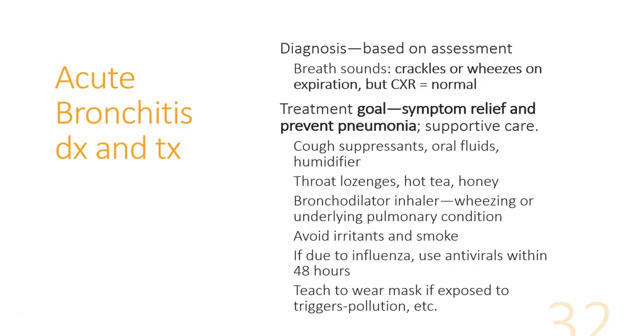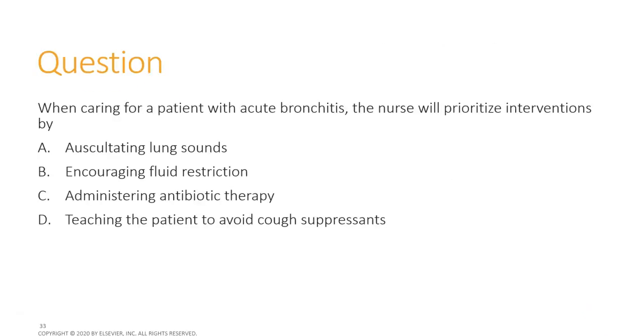That kind of lessens the symptoms. And then preventative measures. So patients should be wearing masks if they're going out in public. One, to protect the public, but two, to prevent themselves from other irritant exposure like pollution or secondhand smoke.